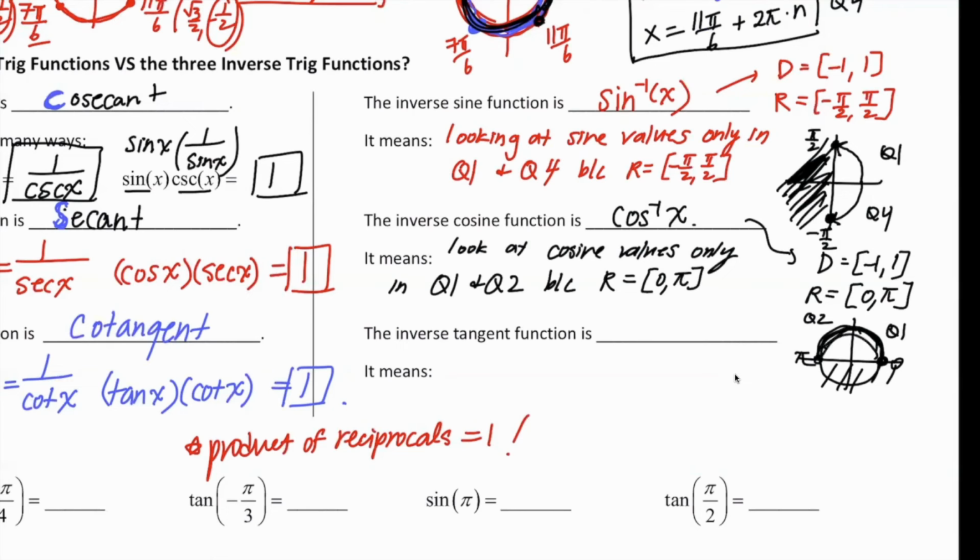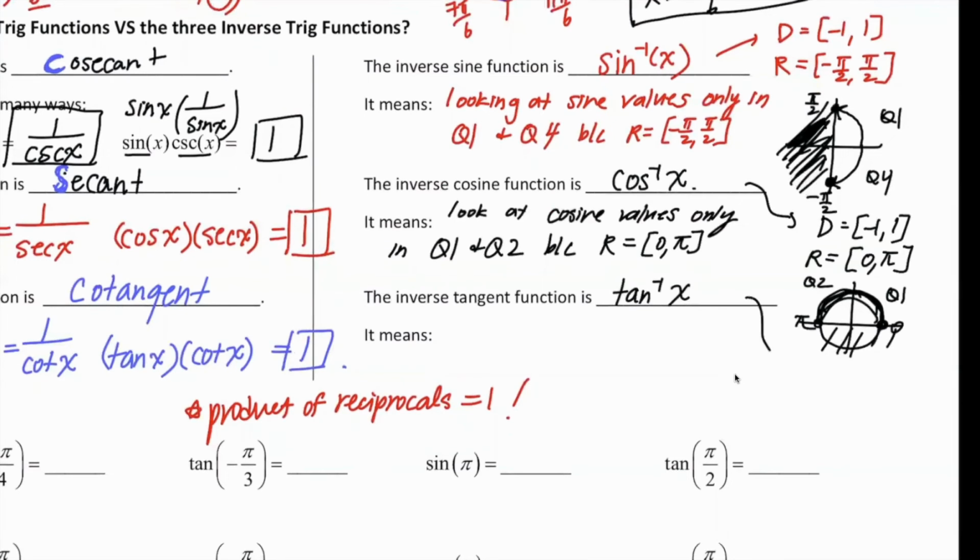Inverse tangent. Inverse tangent has domain of all real numbers. Oh, actually, I'm going to put ℝ. And range, it's from negative pi over 2 to pi over 2, similar to inverse sine, but open parentheses, right? Because of the asymptotes, they're not included.